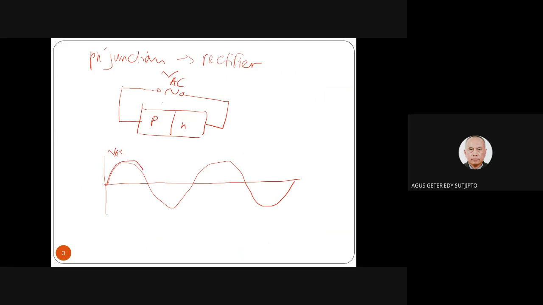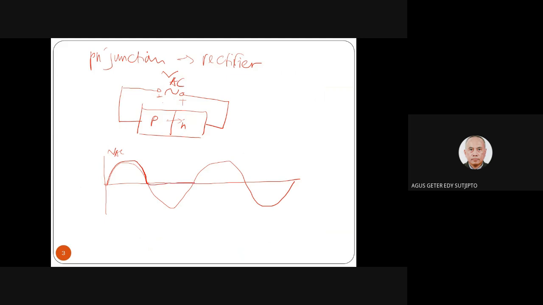So this is the current. But then when the polarity changes, this is negative and this is positive, the current will not flow. The depletion region will be increased and there will be no current flow in the circuit. So this is zero.